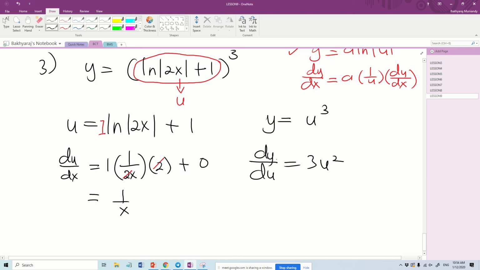So when you differentiate, you get dy/du becomes 3u square. Okay, now put into the formula. Masuk formula. Okay, what is your formula? dy/dx will be equal to dy/du times du/dx.